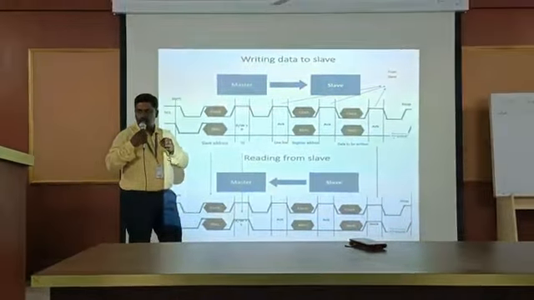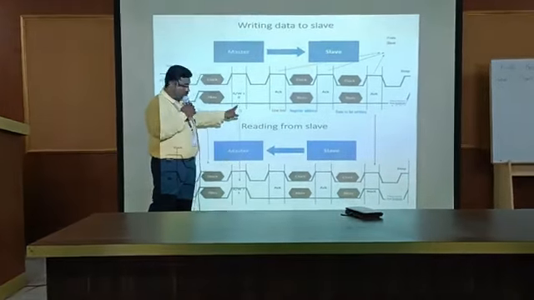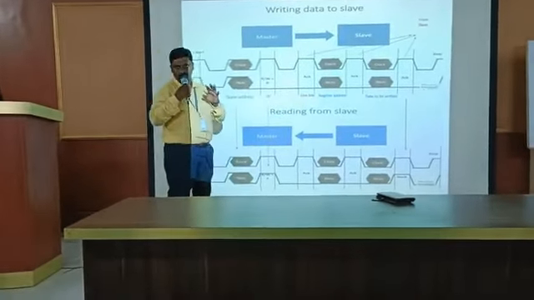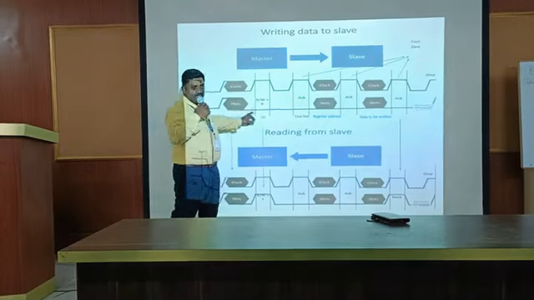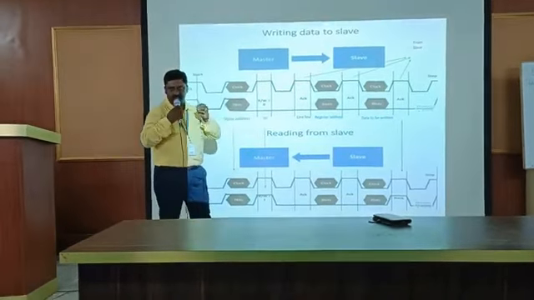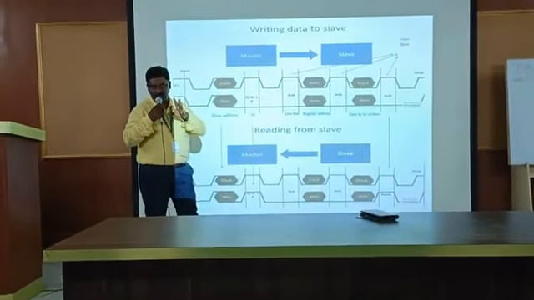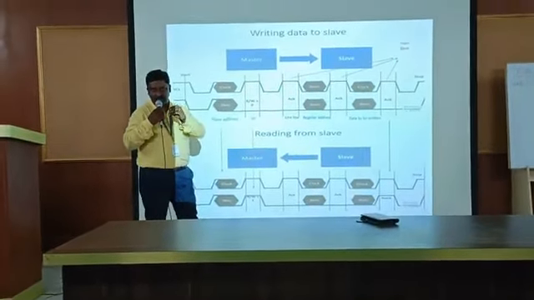If you are going to write data to the slave, we need to mention 0. If you are going to read the data, we need to mention 1. Understand? Clear?